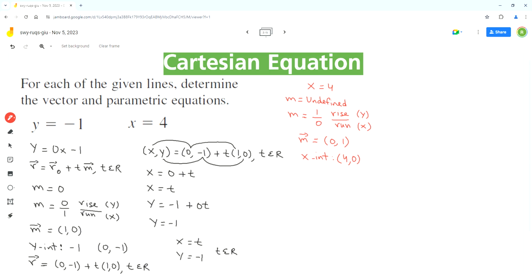Now we can write its vector equation. So we'll start with the general equation of a line in vector form. We can use the point 4, 0 for the position vector r0.